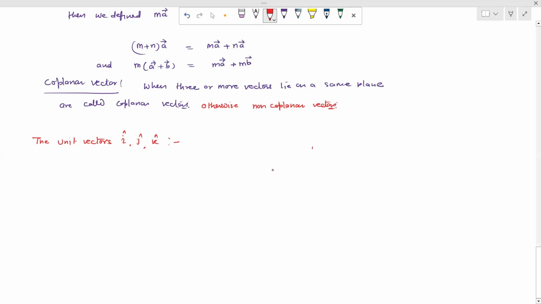So on the basis of the direction we consider, this is our O. Here we have x-axis. Now we consider this as y, and this we can consider as z-axis. And this is vector r, and P be any point.